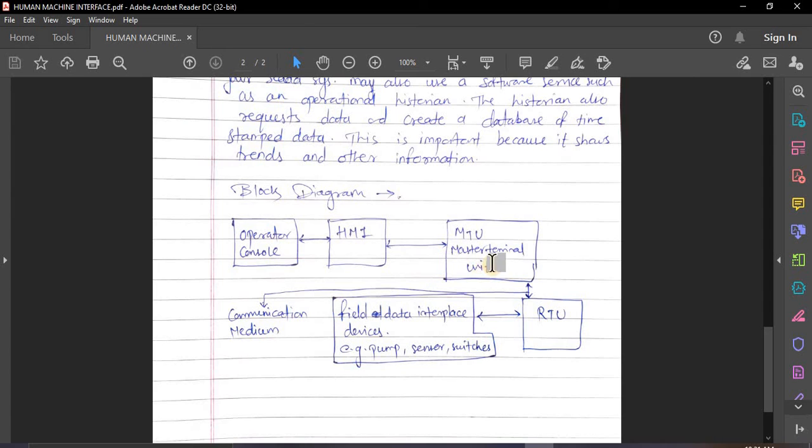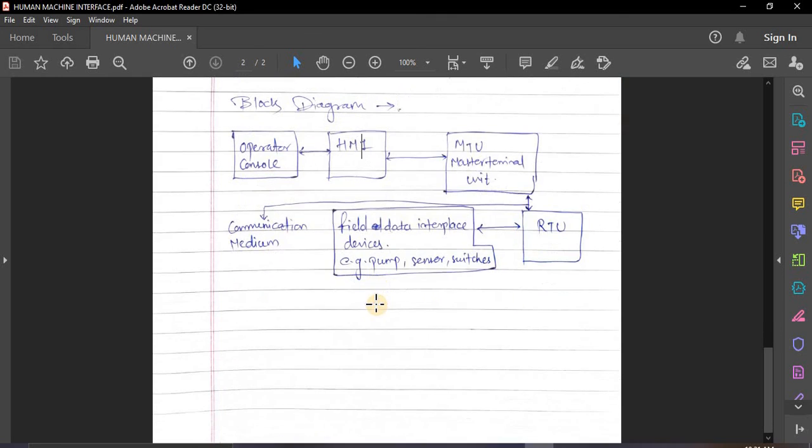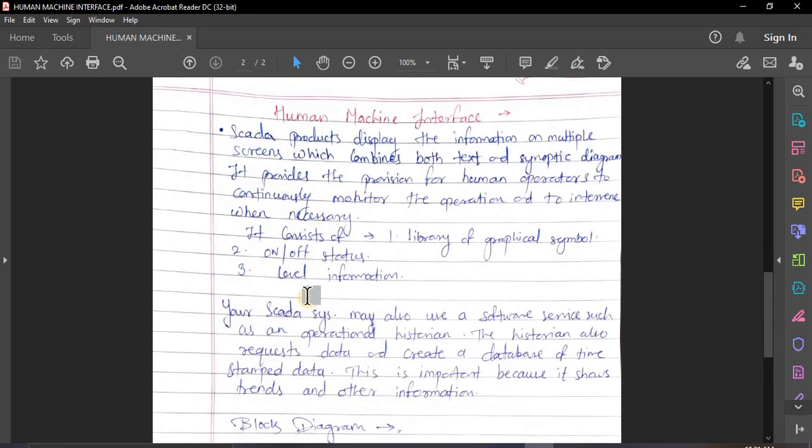Master terminal unit is, as you know, the master unit for storage of data, with two-way communication. Then field data interface devices like sensors, switches, pumps, etc. Then RTU for conversion of this data into readable form. Then two-way communication between this and a communication medium for that. This is what the block diagram of HMI looks like.